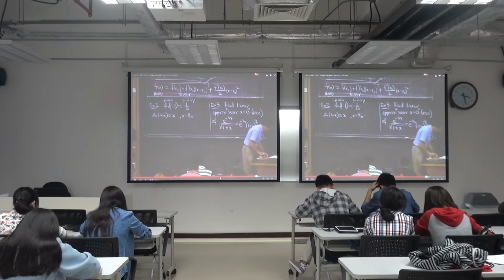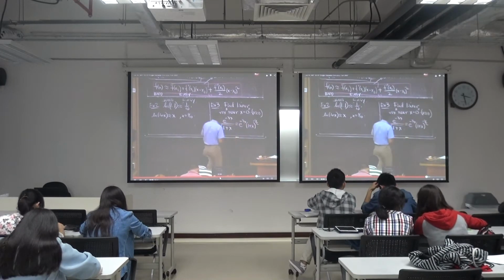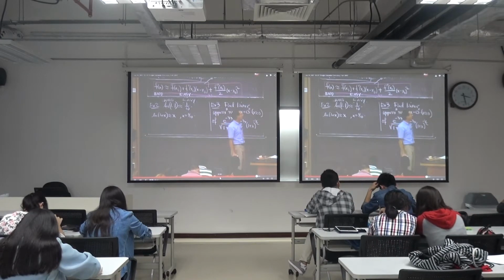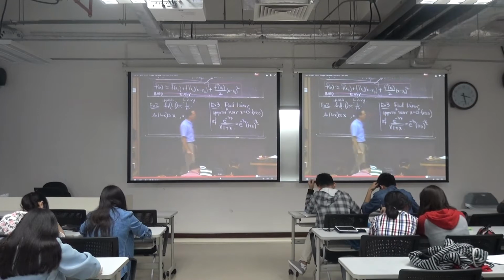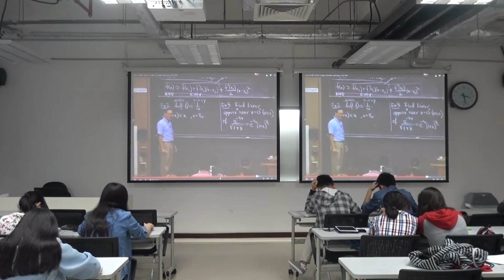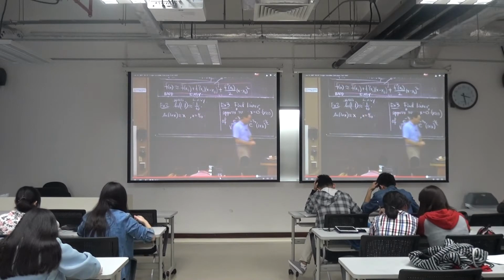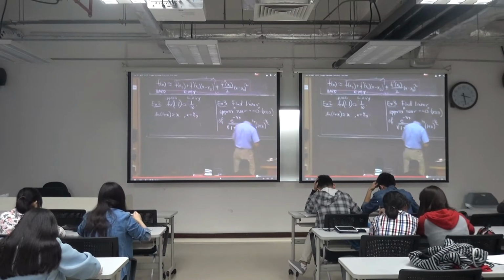Now, I want to develop the same catalog of functions as I had before. In other words, I want to extend our formulas to the higher order terms.